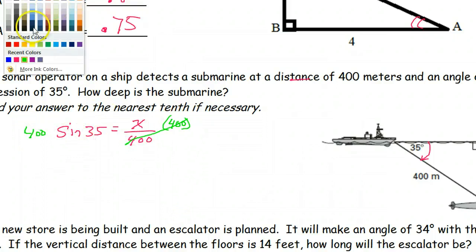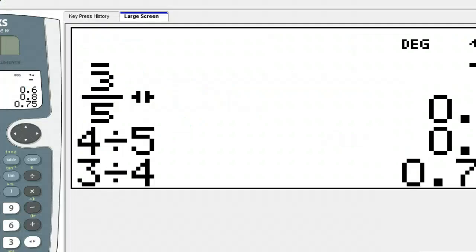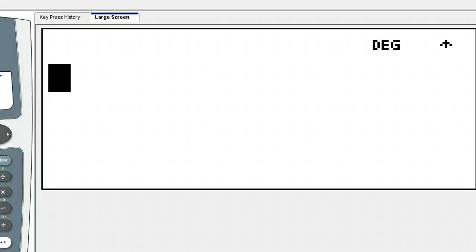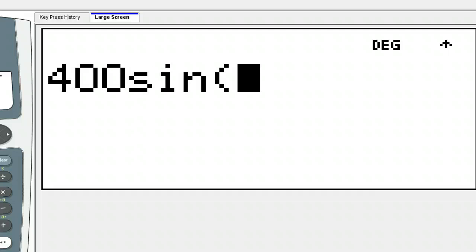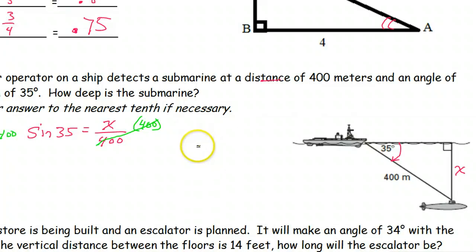Okay, just put this in your calculator. 400 sine 35. Okay, that's 229.4 meters.